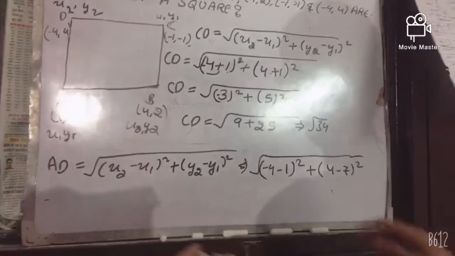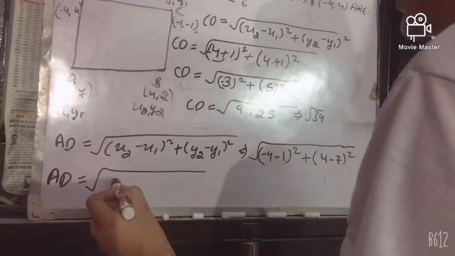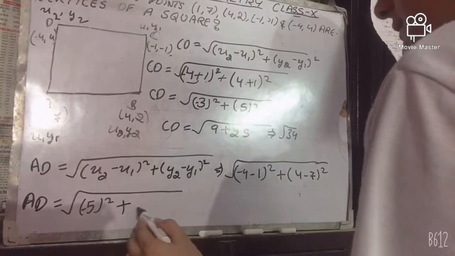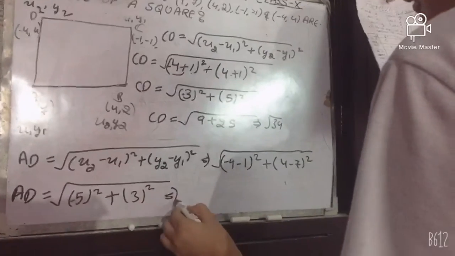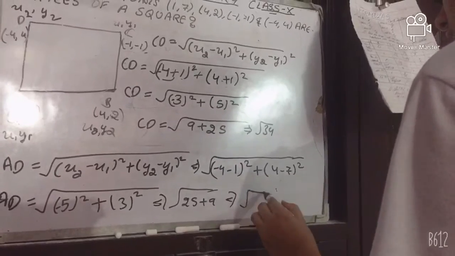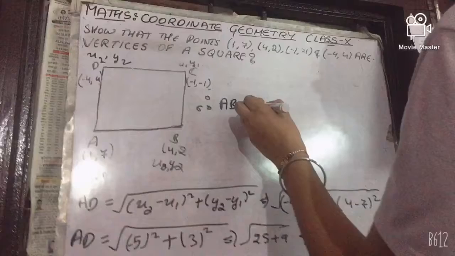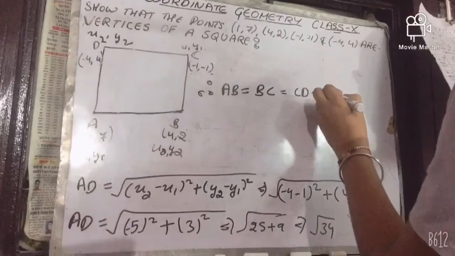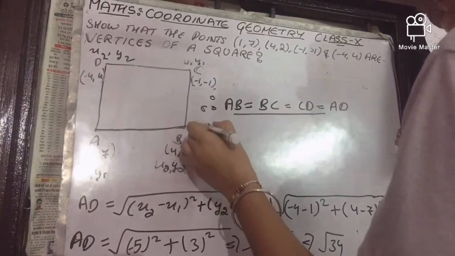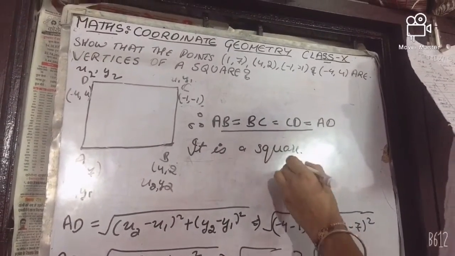Okay, so like this, and then what will it become? This will become minus 5, and this will become 3, and then 25 plus 9, it will be root 34, equal to AD. So you can see all sides are equal, so therefore it is a square, and hence.